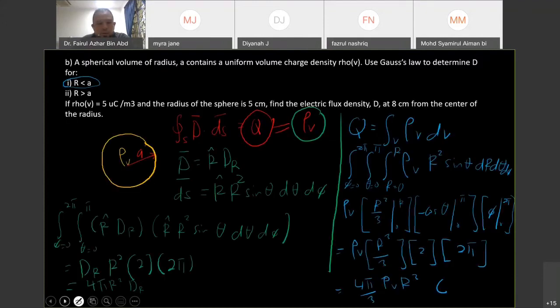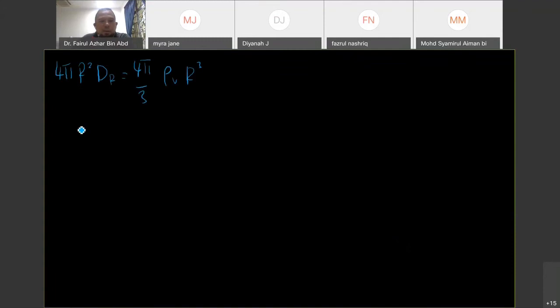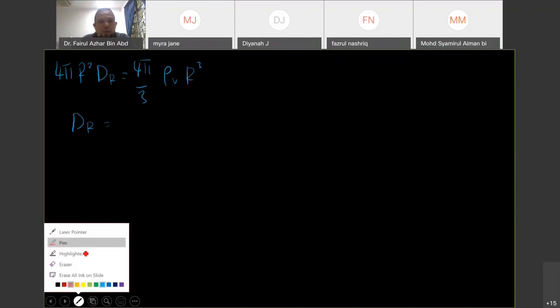In order to find the expression for Dr, the 4 pi cancel each other out.